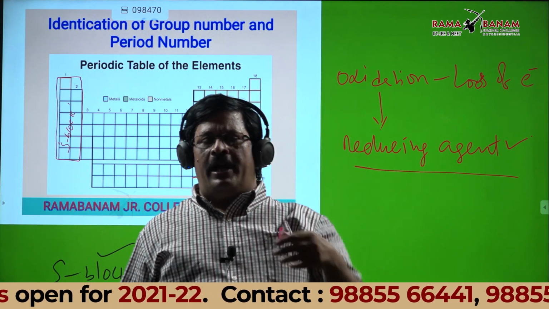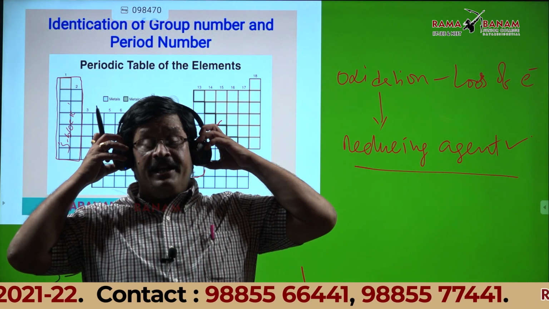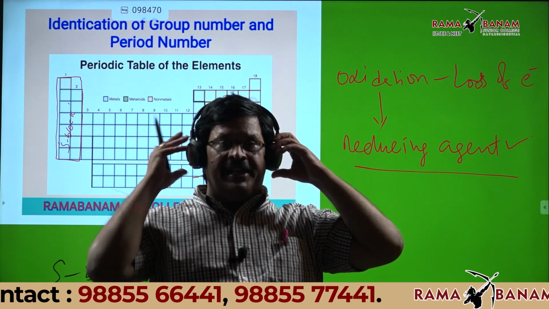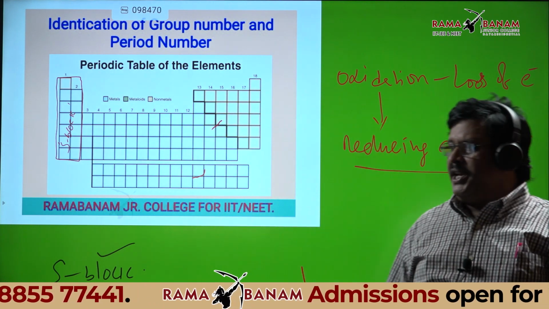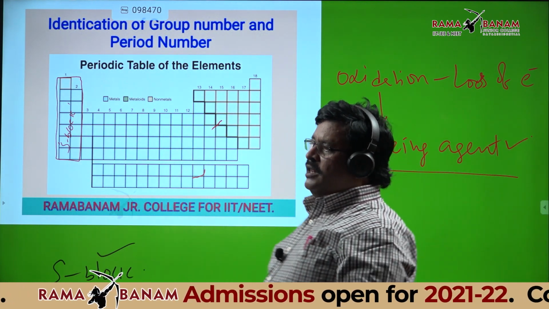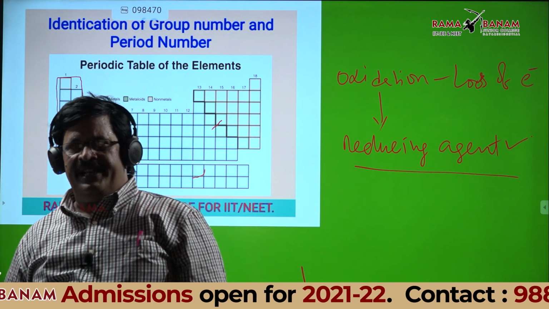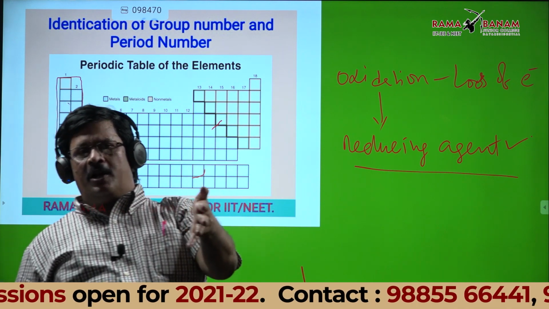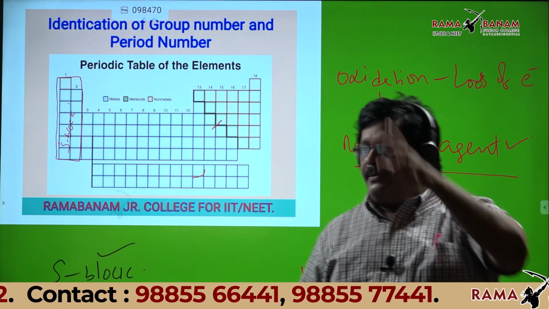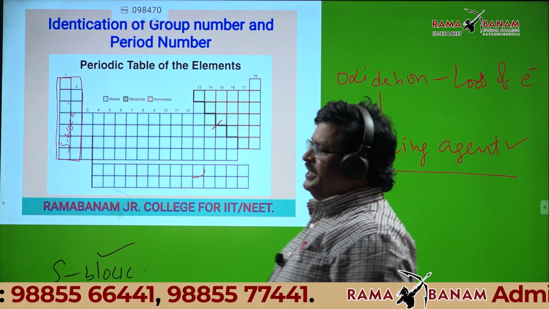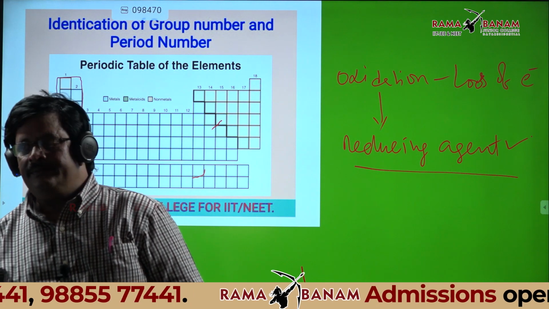All these elements are active metals. They enter into chemical reactions by losing electrons. Loss of electron is called oxidation. So all these elements undergo oxidation, and these elements are called reducing agents. Is it okay, students?